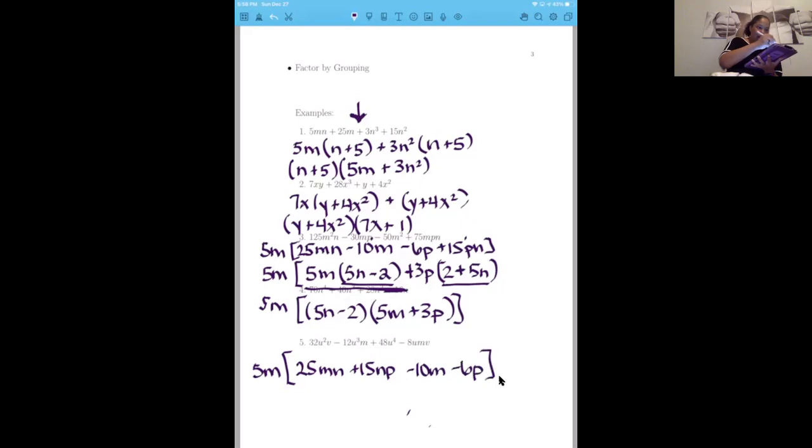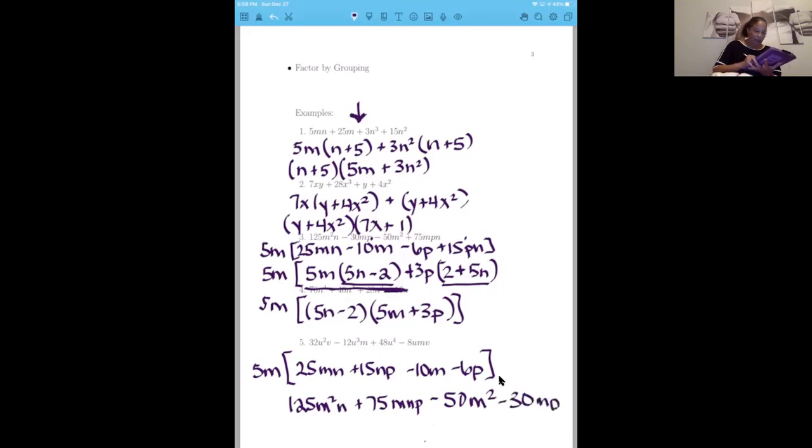All right, now let's go ahead and distribute that 5m, and I get 125m squared n plus 75mnp minus 50m squared, and then 5m times negative 6p is going to give me a negative 30mp.